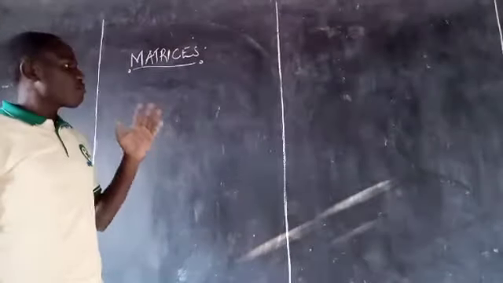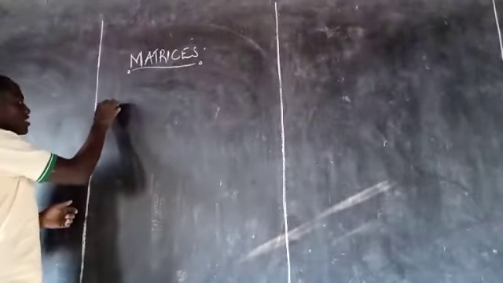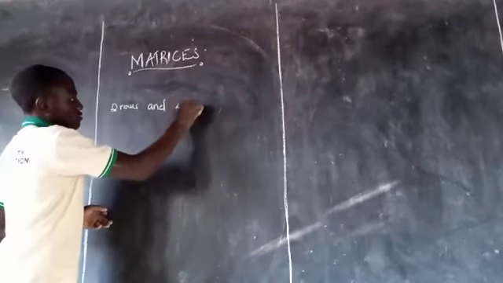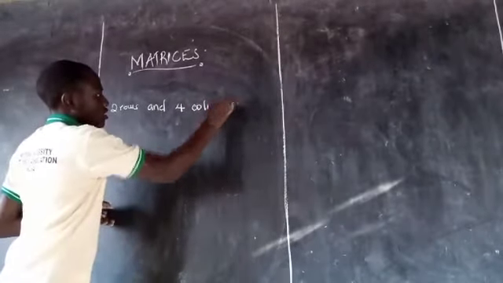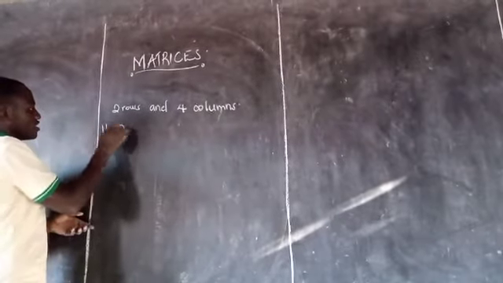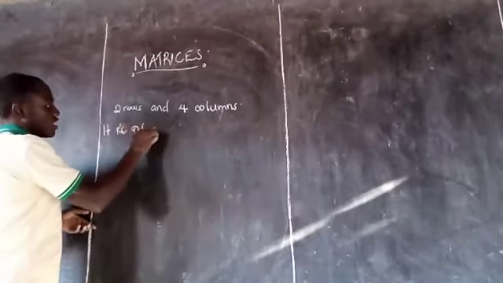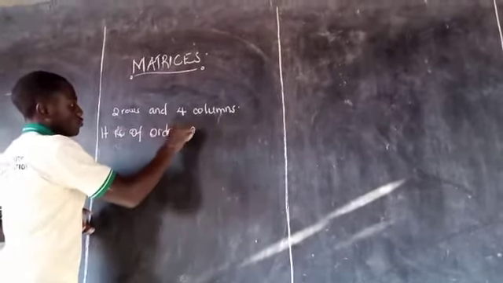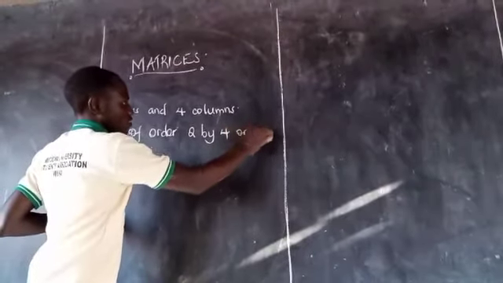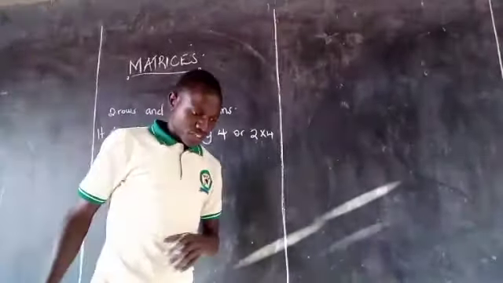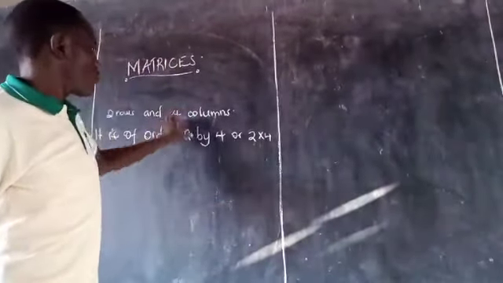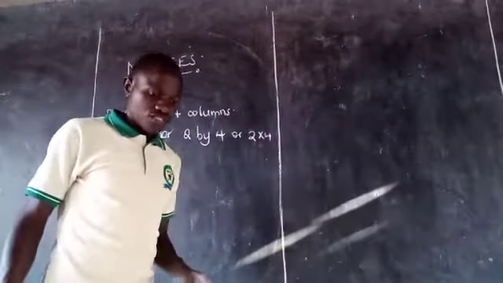For example, if a matrix has 2 rows and 4 columns, then it is of order 2 by 4, or it can be written as a 2 by 4 matrix. Now, the order of the matrix specifically talks about the number of rows and columns in that very matrix.